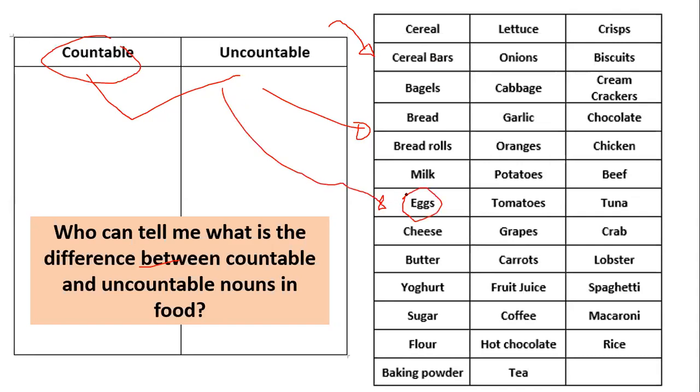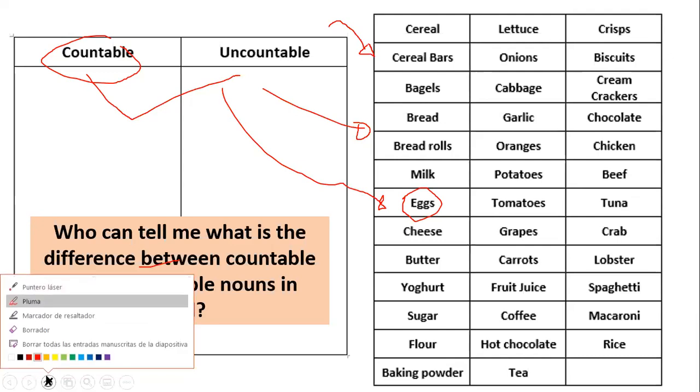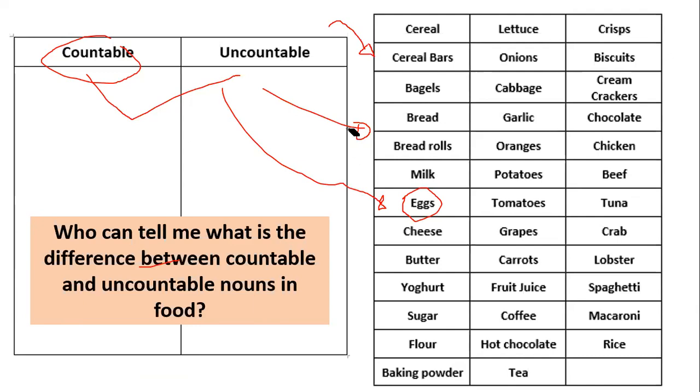So I can say 1 egg, 2 eggs, 3 eggs, 4 eggs, etc. And like you said, the water, the tea, milk, rice, spaghetti, sugar, all of the things that I cannot really count.